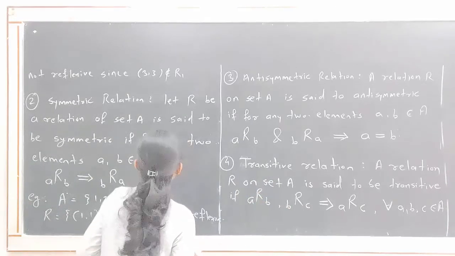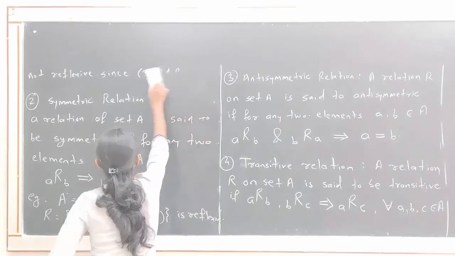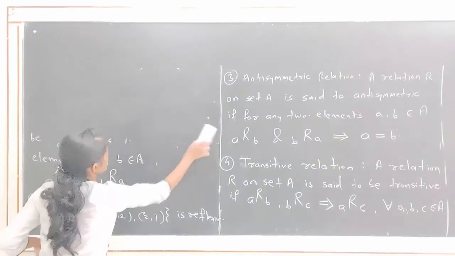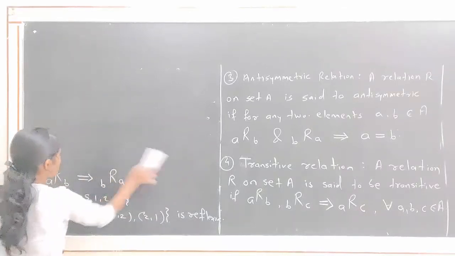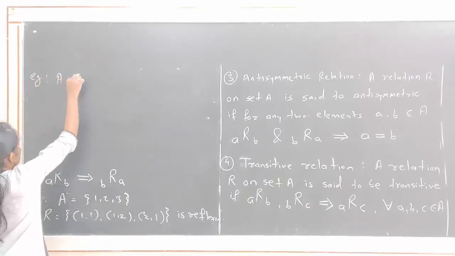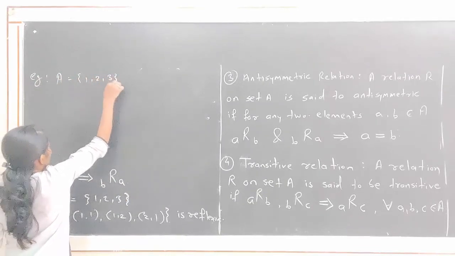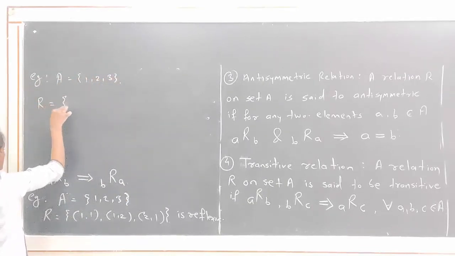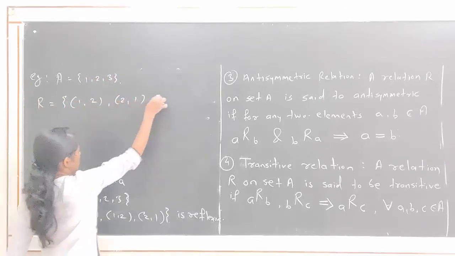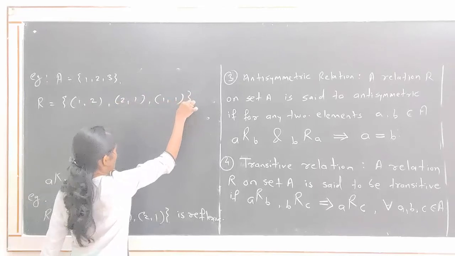So we see an example of a transitive relation. We consider the same set, set A = {1, 2, 3}. Here we consider the relation R = {(1, 2), (2, 1), (1, 1)}.